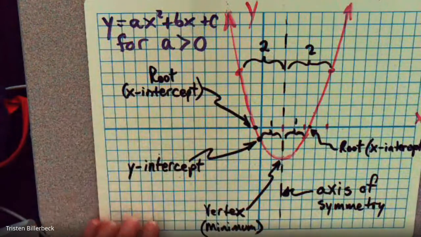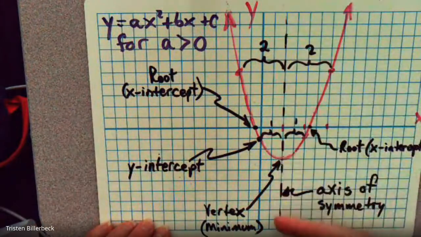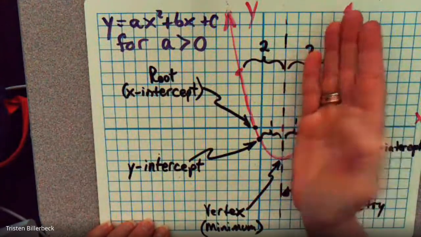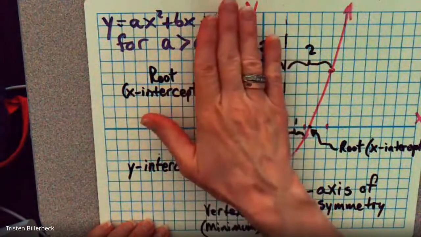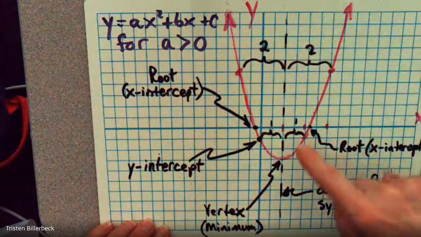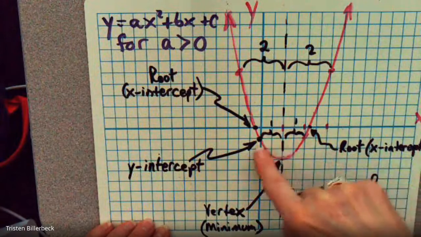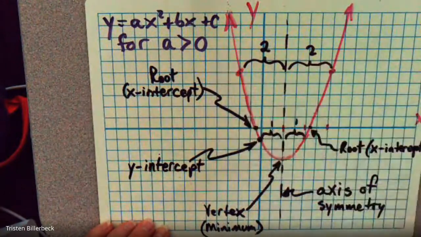What goes through the vertex is called the axis of symmetry. That means I could just fold this parabola over and it'd be the same. See how it's just the same? From this axis of symmetry, this is exactly 1, and that's 1. This is exactly 2, and that's exactly 2 away.